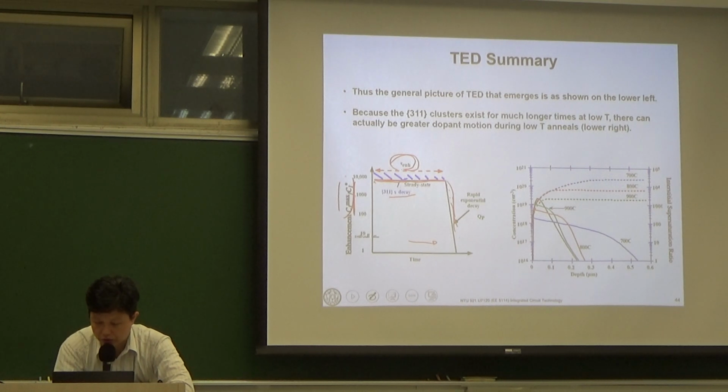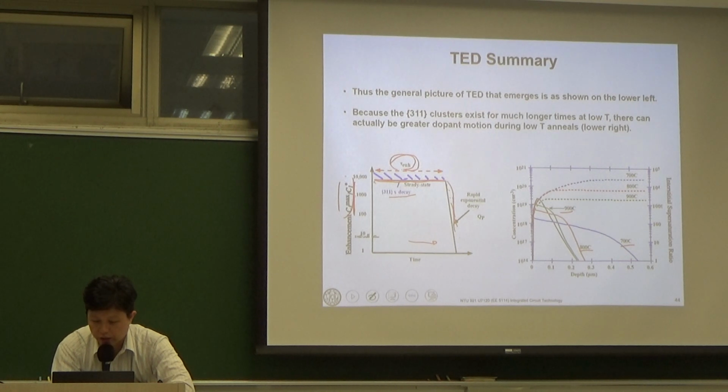The black one is the original profile as implanted, and we have 3 different temperatures for our annealing process: 700, 800, and 900. It's quite interesting.